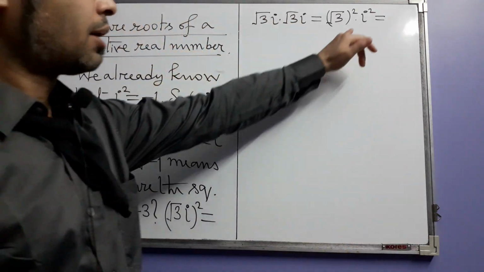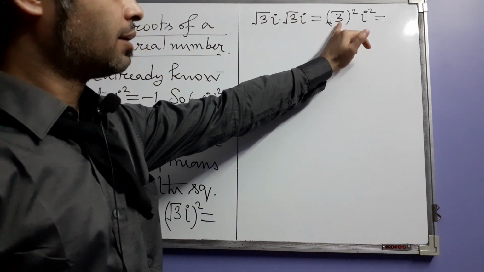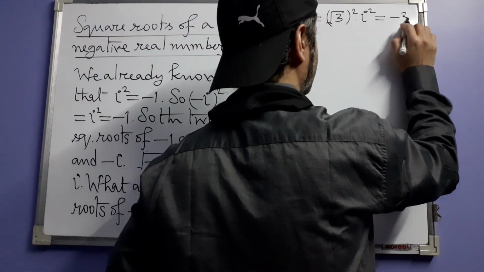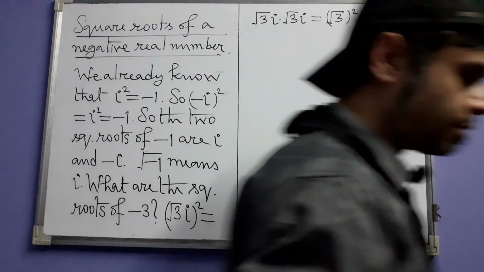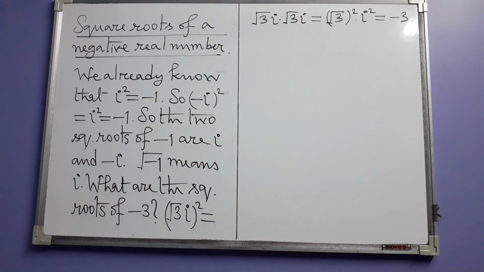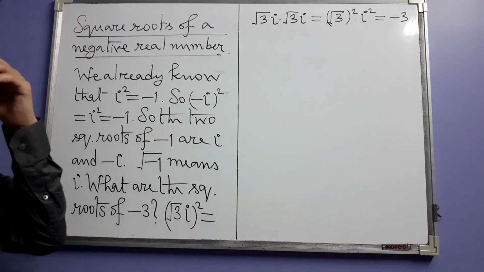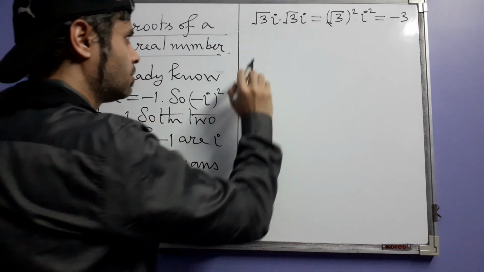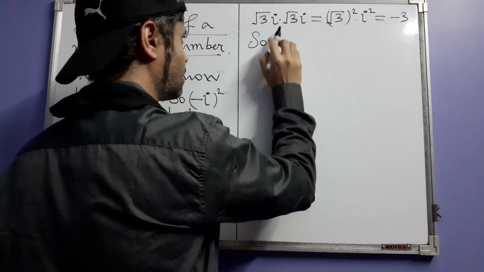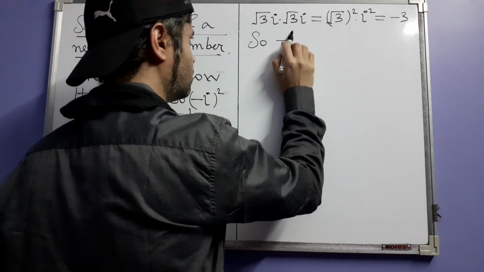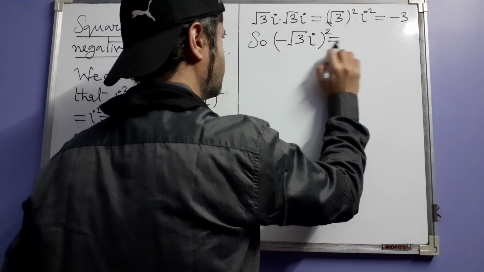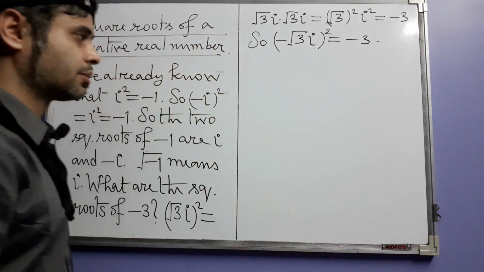Okay, so now i square is minus 1 and root 3 square is 3. So you are going to get minus 3. So you actually are getting minus 3. So another such number will be minus root 3i. The square of this will also be equal to minus 3.